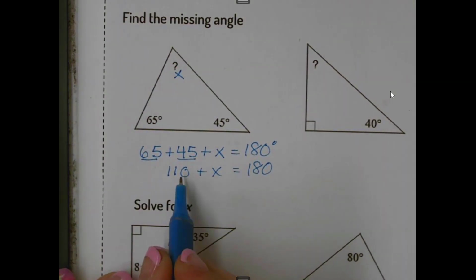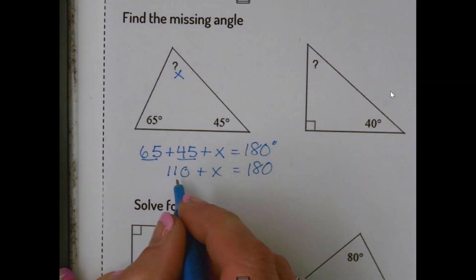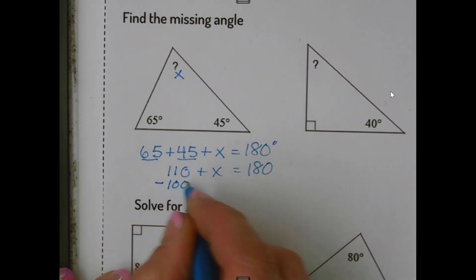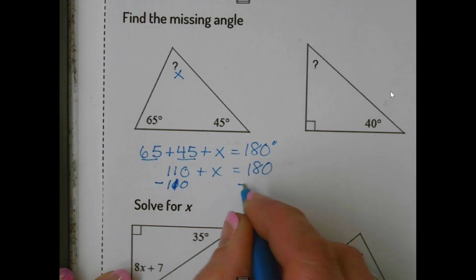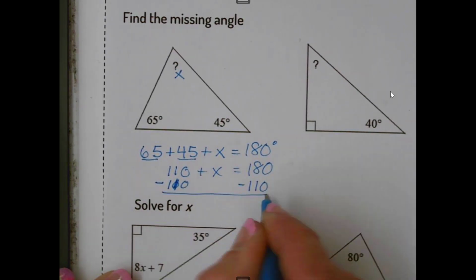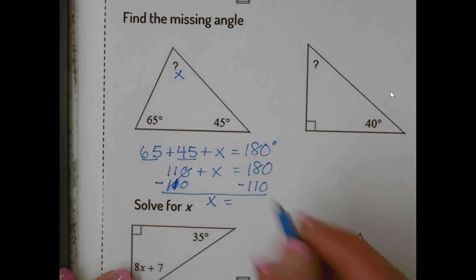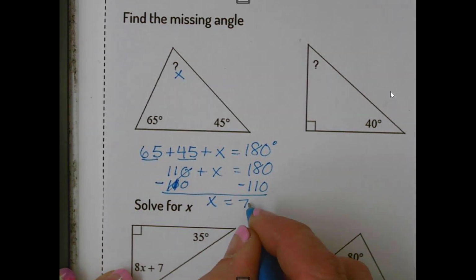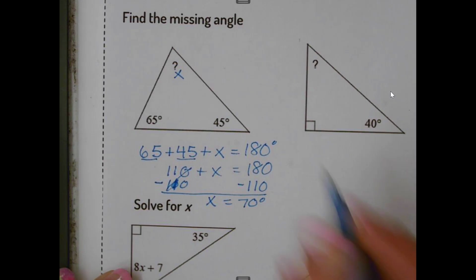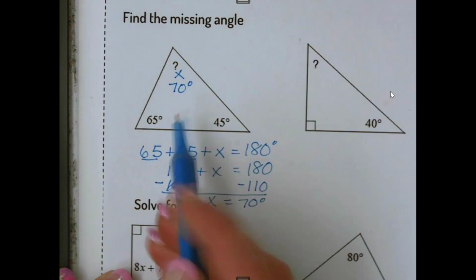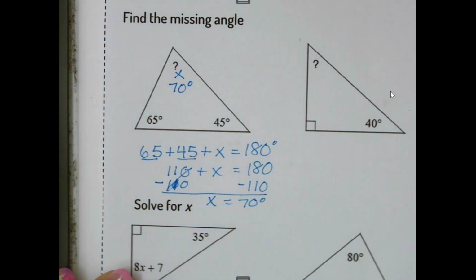We need to take that constant over to the other side. Right now it's positive. We want to make it equal 0. So I'm going to subtract 110. That leaves me with x equals 70 degrees. And now if we add all three of those angles up, that will equal 180 degrees.